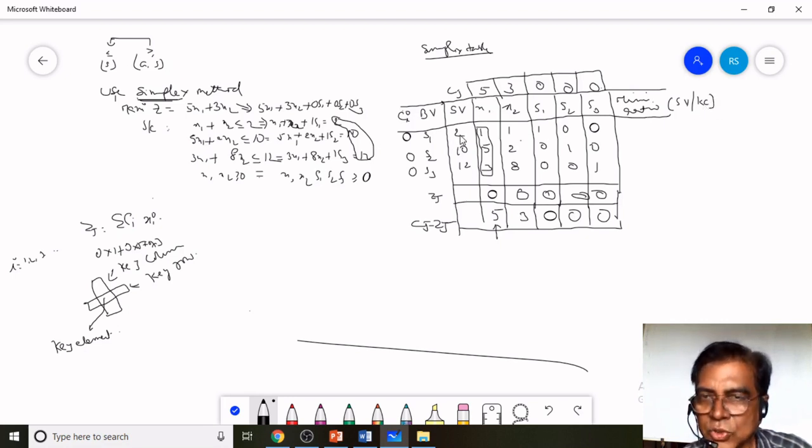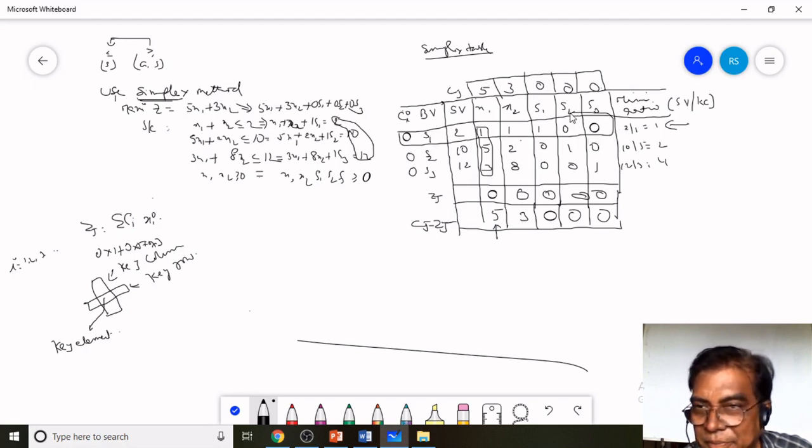Where is the solution? 2 divided by 1, because this is the key column. 10 divided by 5, that is 2. 12 divided by 3, that is equal to 4. So for the key column, you always select the highest element. For the key row, select the minimum element. It means make a box. So this is called the key row.